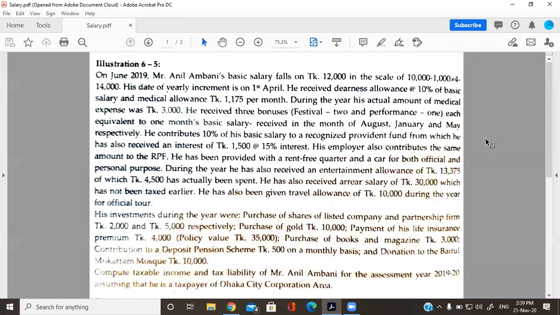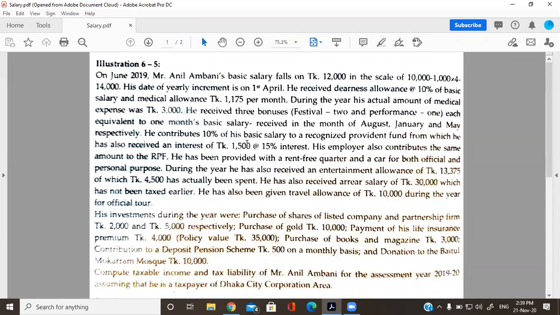So in this problem, what is in front of you right now, this is one of the practice problems I have taken from the Bangladesh income tax text, which I referred to as a reference text.